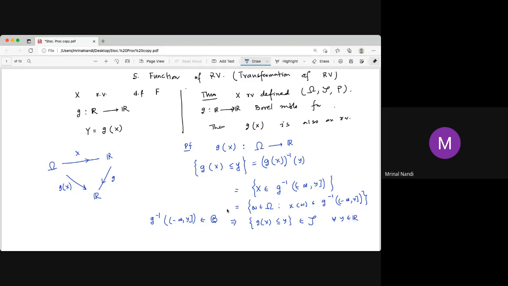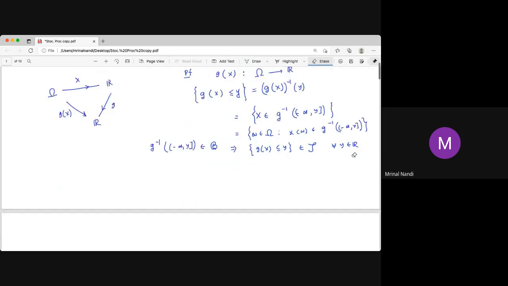Since g is Borel measurable and X is a measurable function, the composition of two measurable functions is again a measurable function. That is a more general result. So g composed with X is a measurable function, so it's a random variable.